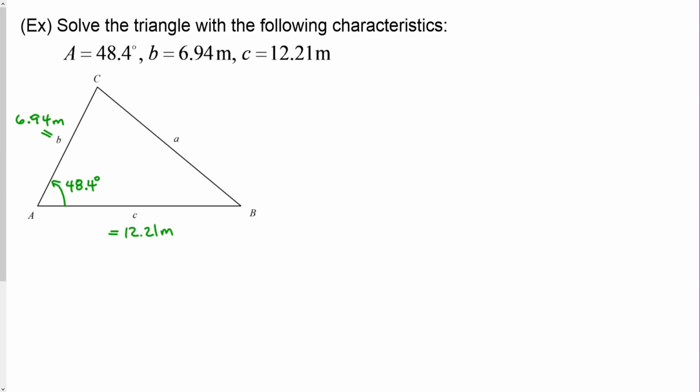And the law of cosines, I showed you 3 different ways of expressing it. But effectively, the way I go about thinking of the law of cosines is you start with the Pythagorean identity, and the side measure that you put by itself is going to be opposite the known angle, if you happen to know an angle.